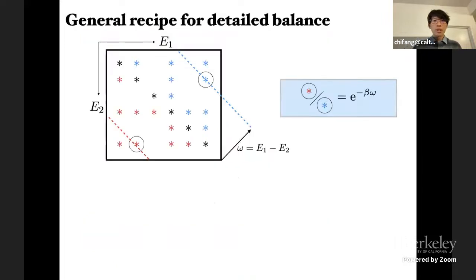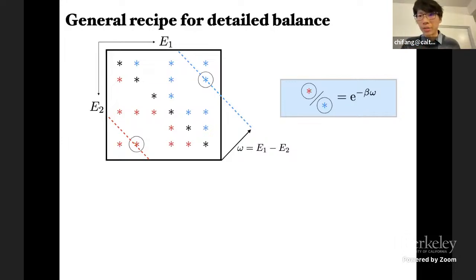Now the key is, how do we impose this detailed balance for more general and very complex Markov chains? For this, let's look at the representation of the transition matrix. Let's sort the configurations by their energies, U1 and U2. Detailed balance in this picture is a kind of symmetry of this matrix.